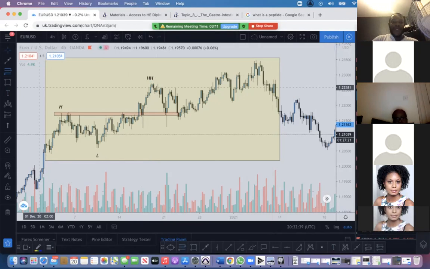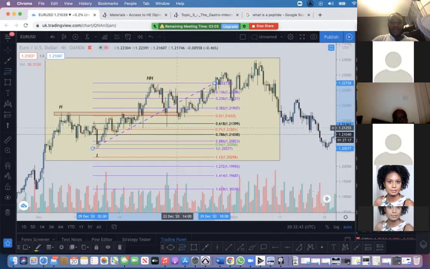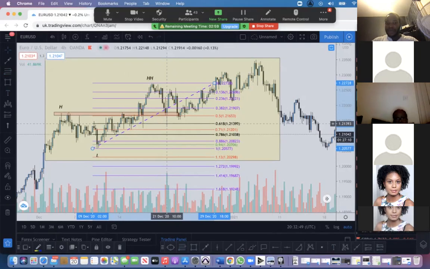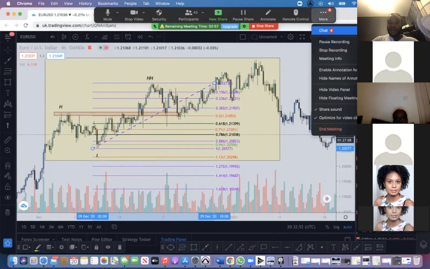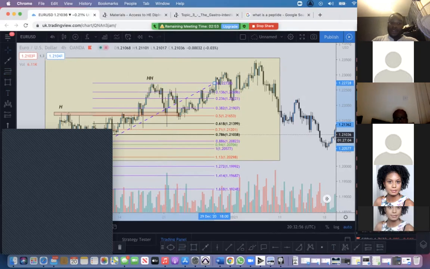I have to fib from the low to the high. Do we have a full retracement or a correction, guys? Definitely interesting, guys. So now, do we have a full retracement or a correction?